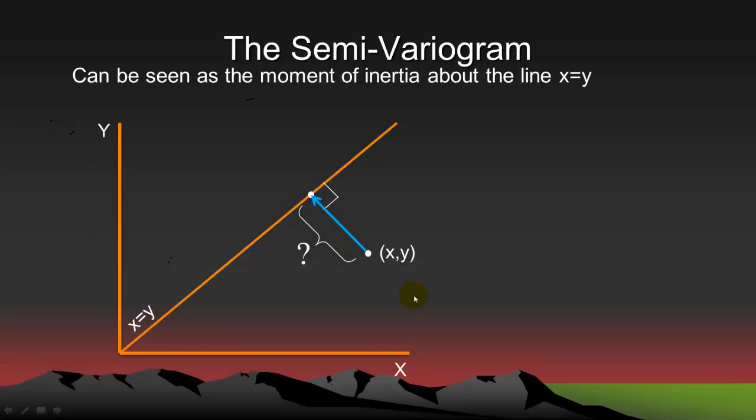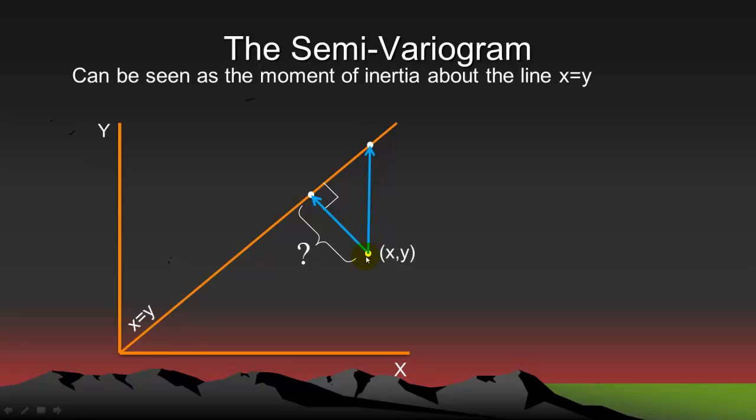So you can see that as a point is out here further away from the x equals y line, it has a larger moment of inertia. Points closer have a smaller moment of inertia. So how can we calculate this distance? Well, let's consider a direction directly parallel to the x-axis up to the x equals y line.